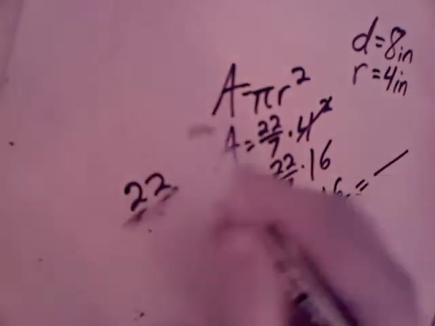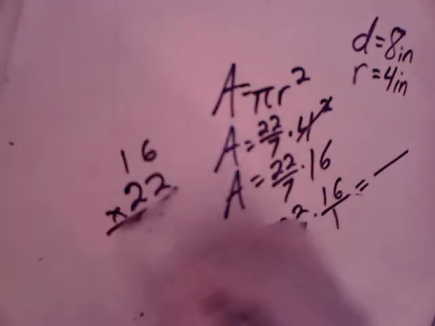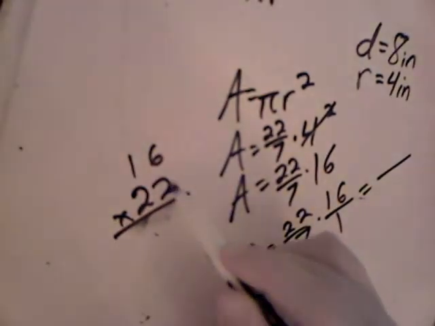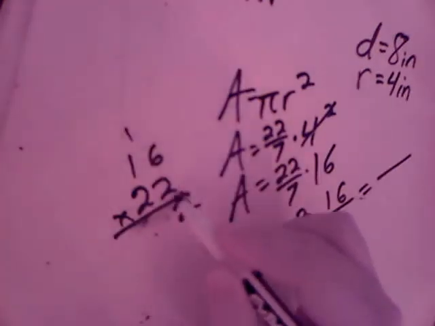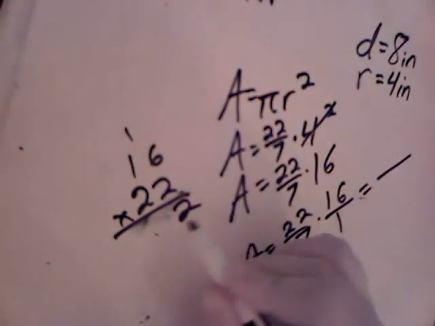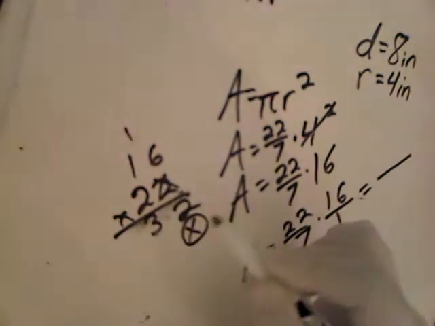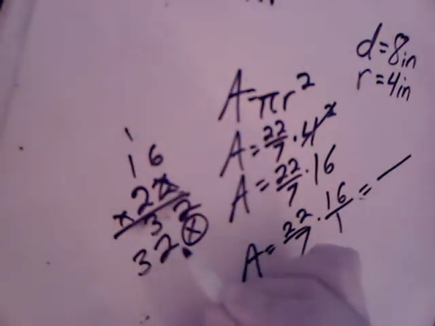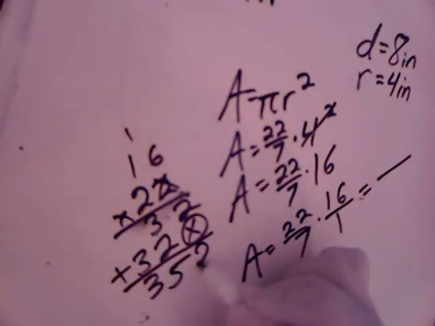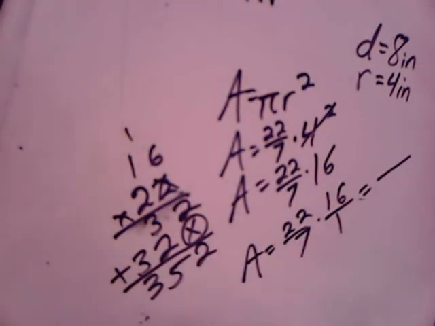Actually, it would be easier if we put 16 on top, because we have a double number. 2 times 6 is 12. 2 times 1 plus 1 is 3. We're done with this 2. Now I have another 2, so I can just repeat the number but move it one slot over. That will get me 352.